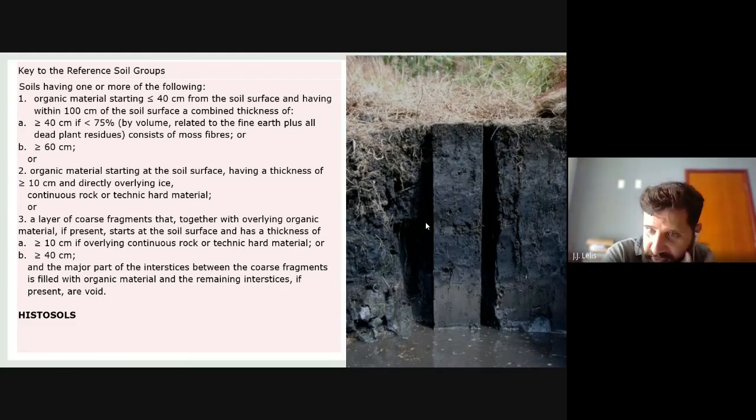This is the other picture, I'm sorry, about the histosol.